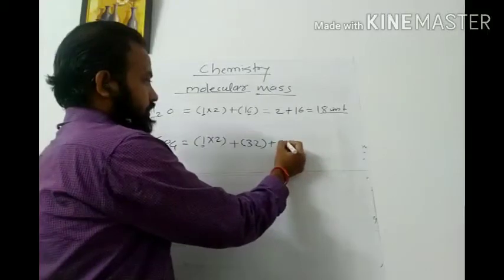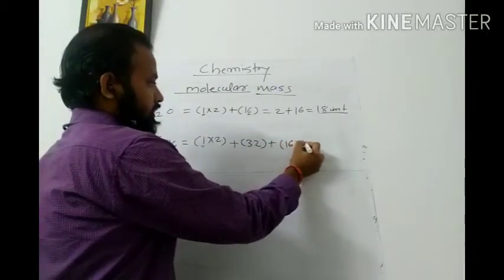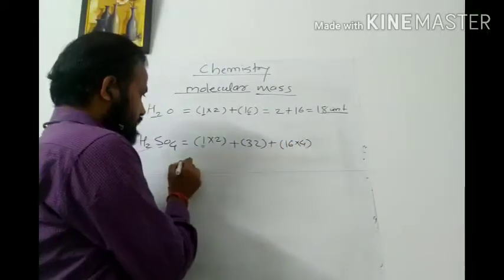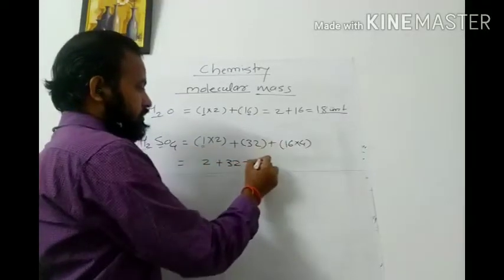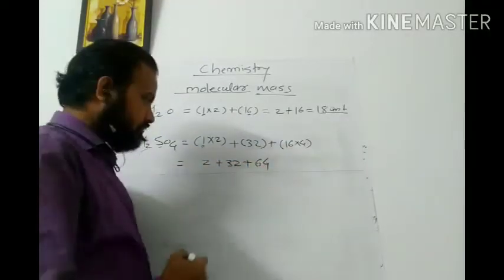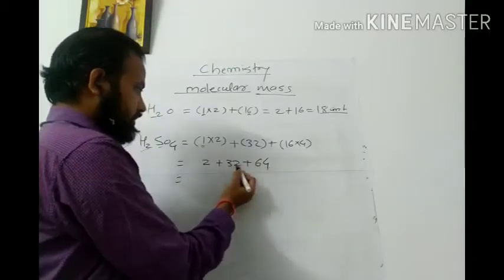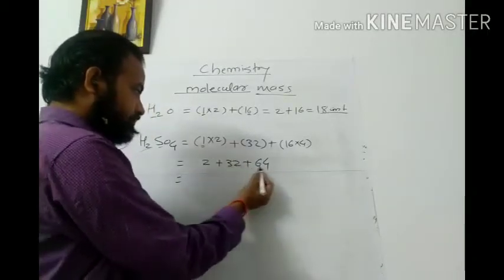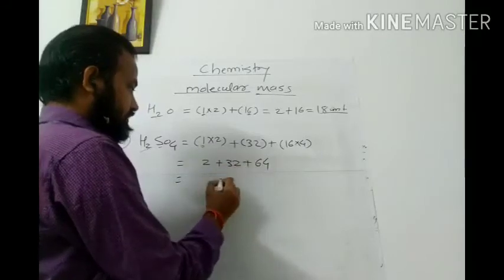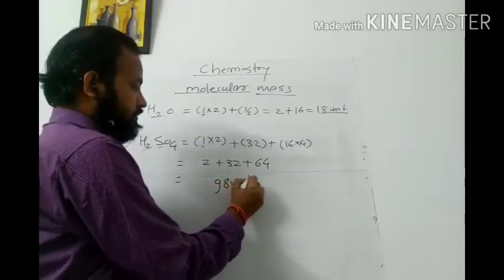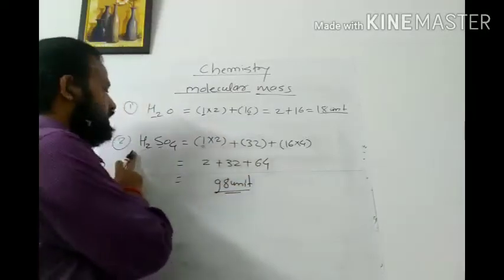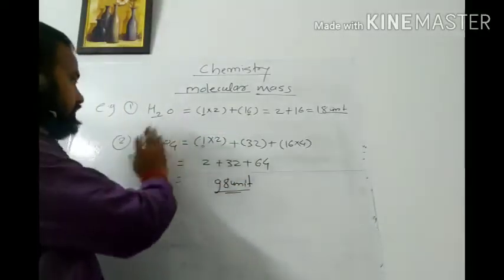Here the atomic mass of oxygen is 16 and there are 4 atoms. If I solve it, I will get 2 plus 32 plus 64. Then 32 plus 64 is 96, and 96 plus 2 is 98 units. So 98 units is the molecular mass of H2SO4.